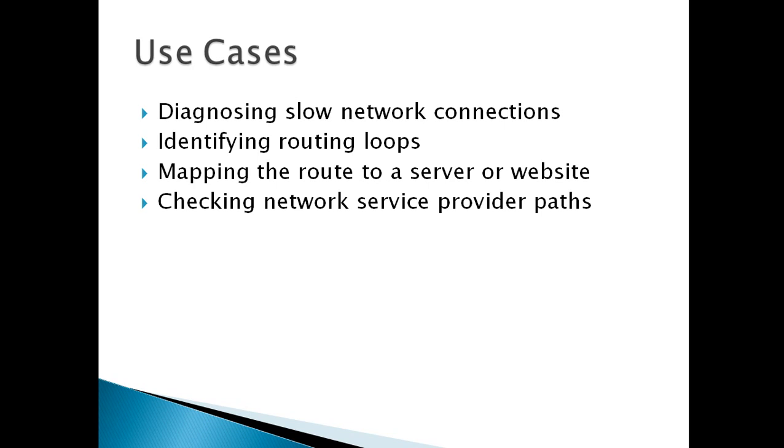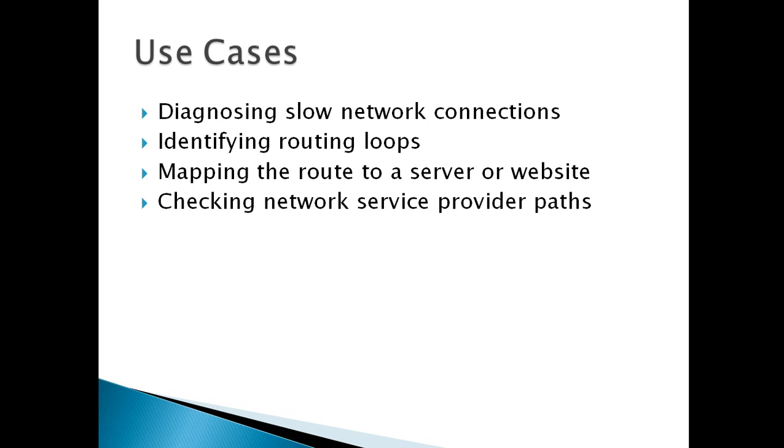And also if there is any loop in the network, that can also be seen from the traceroute. By default, the number of hops is 30, right? But if we are not getting a response within those hops, that means there is some loop in the network.